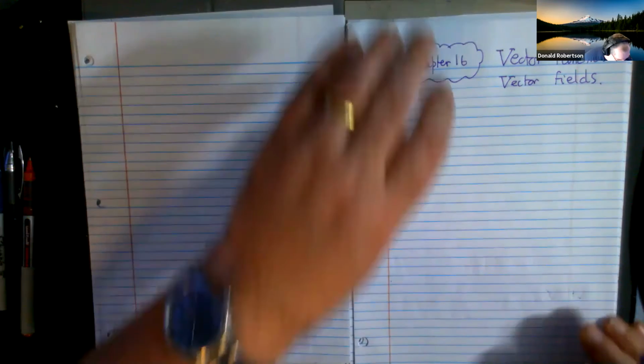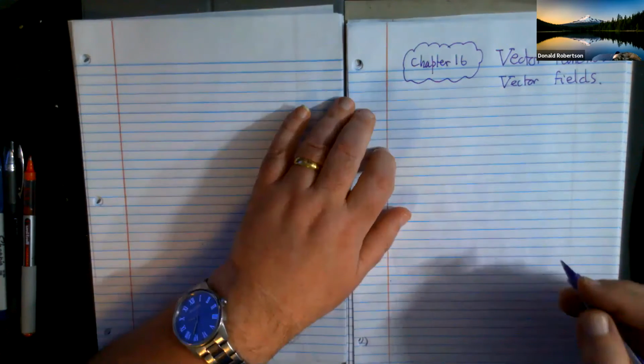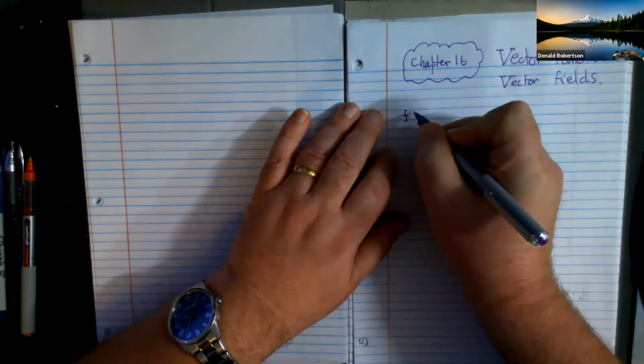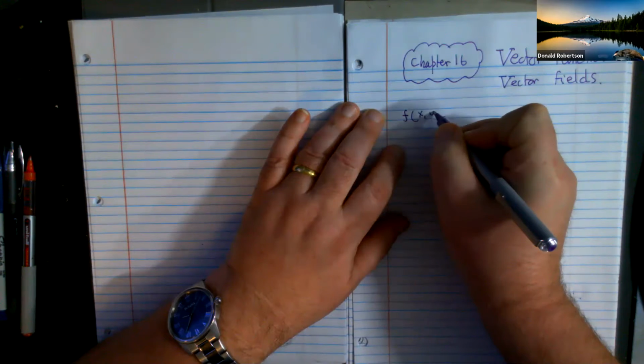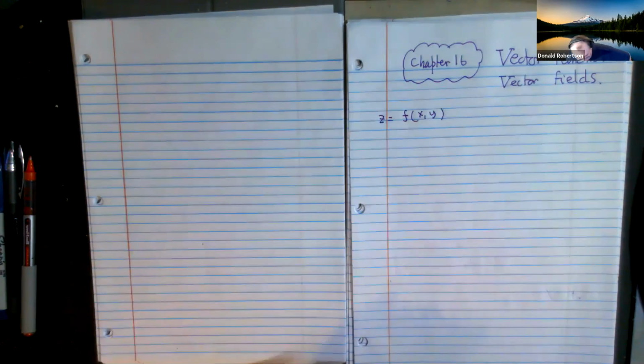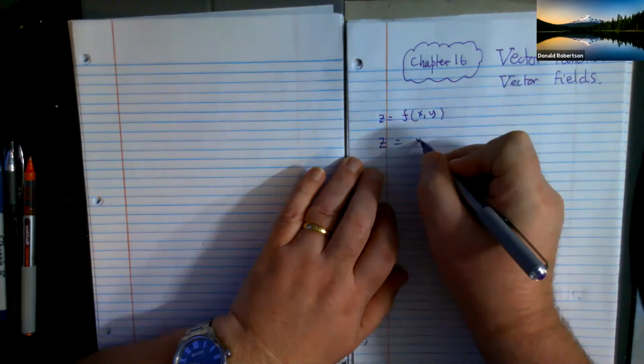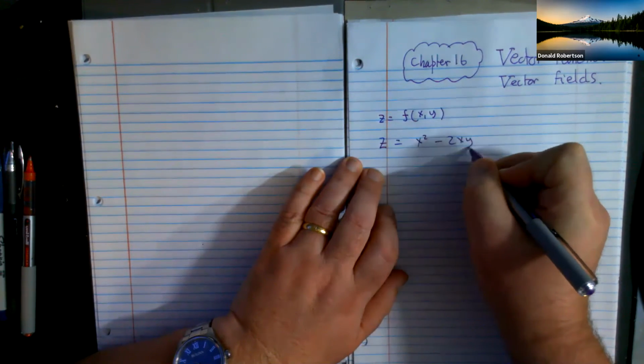Let's give you an intro before we start, even looking at the first section. If I said to you z equals f of x, y, we've been dealing with those situations for quite a while. An example of that could be z equals x squared minus 2xy plus e to the x, right?